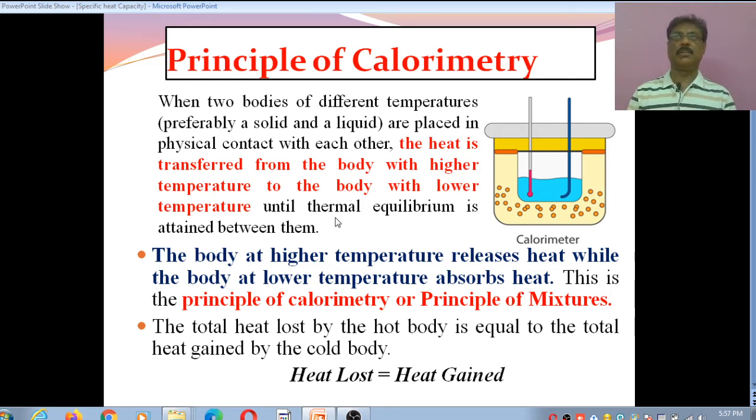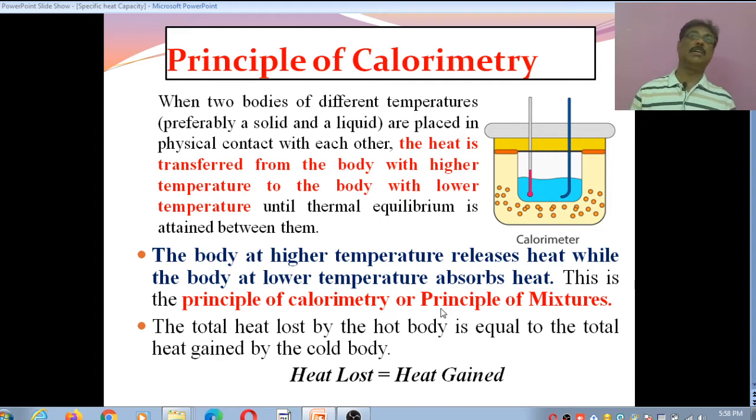Here the hot body loses heat while the cold body gains heat. So now the law: the body at the higher temperature releases heat while the body at lower temperature absorbs heat. This is the principle of calorimetry, or principle of mixtures.